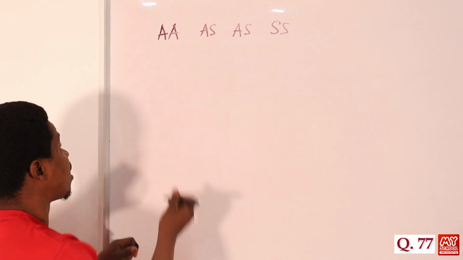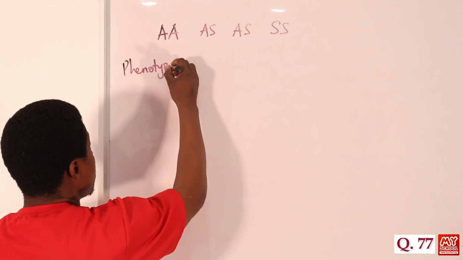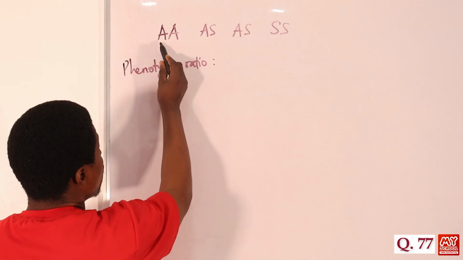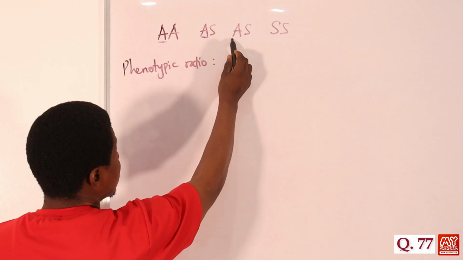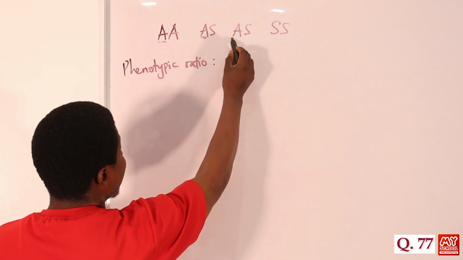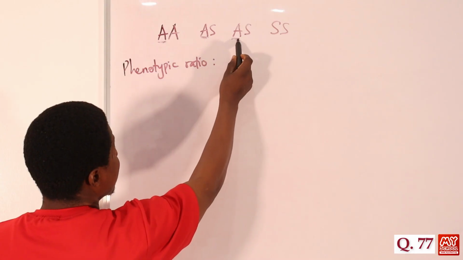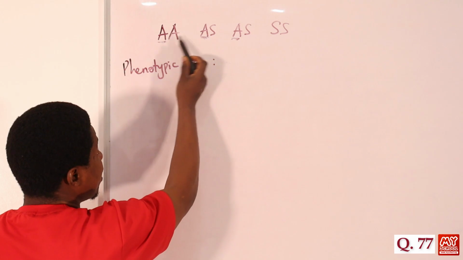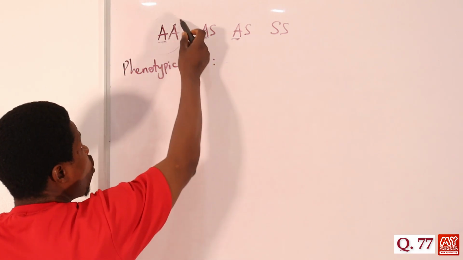What do I mean? Let's look at the phenotype. For the phenotypic ratio, we can see the A appearing in about 3 places. Here AA is homozygous dominant, and SS is homozygous.